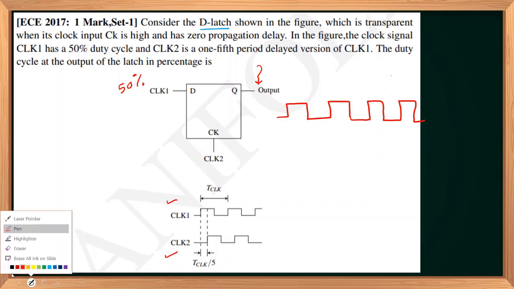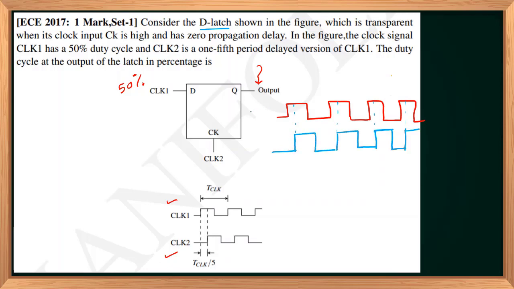And clock 2 is a shifted version of clock 1 by 20% of the time period. It's only a shifted version, so the time periods of both waveforms are the same. So this is clock 1, this is clock 2, right?